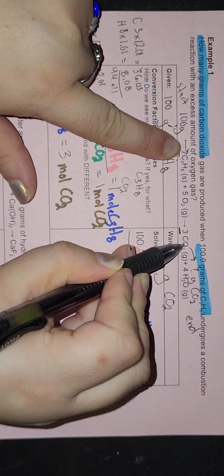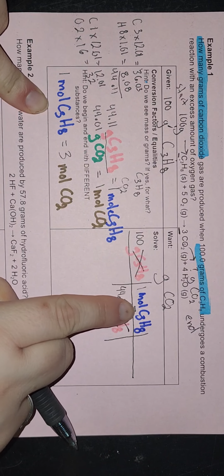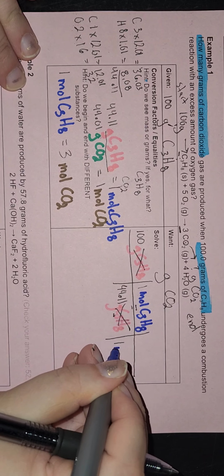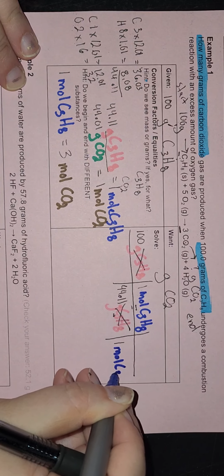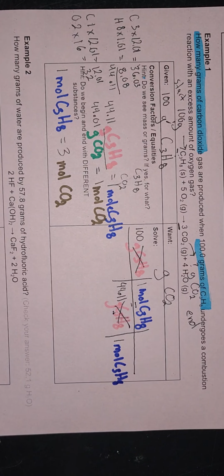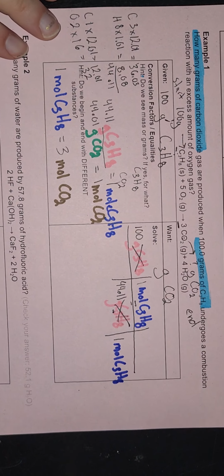Now, I have to go through my equation, so I'm going to go ahead and use my mole ratio. I have moles of C3H8 on the top, so I'm going to need them on the bottom. And then whatever that is equal to is then going to go on the top.